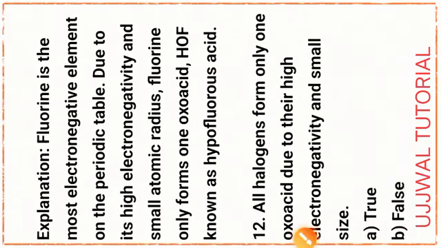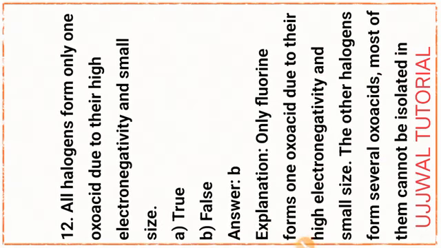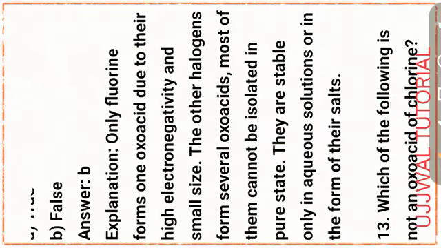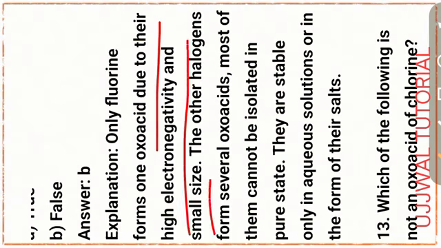Okay, next question, question number 12. All the halogens form only one oxo acid due to their high electronegativity and small size. This statement is false. Okay, due to explain for this part, only fluorine forms one oxo acid due to its high electronegativity and small size, and the other halogens form several oxo acids.